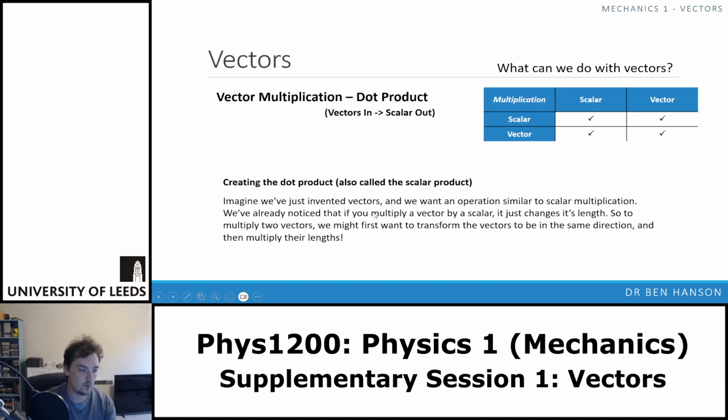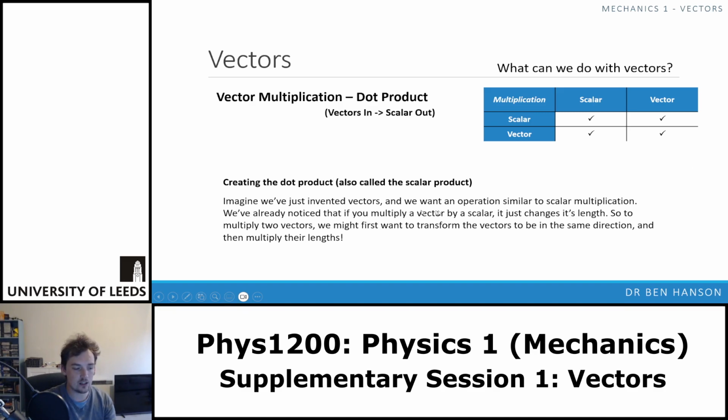Not like invented them. We've just decided we need to have a way of representing arrows on paper, right? And we want an operation that's similar to scalar multiplication, right? Because that's the first step. We now have to times numbers together. So let's try and times vectors together in a same sort of way as we would times numbers together.